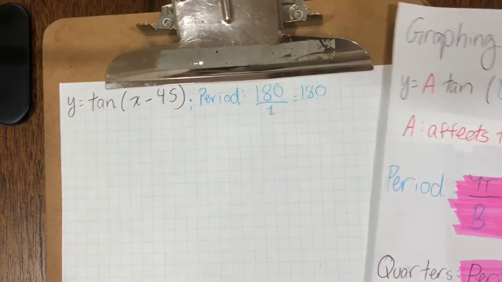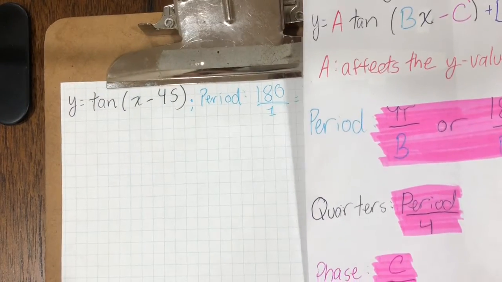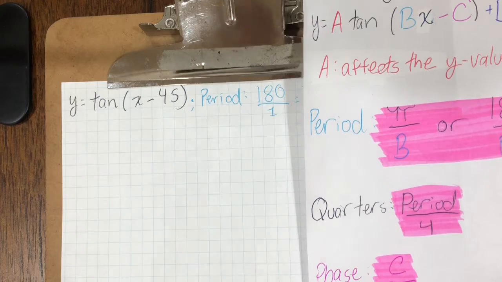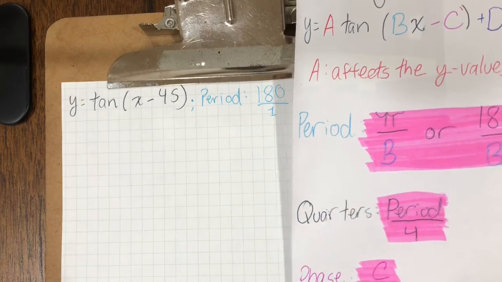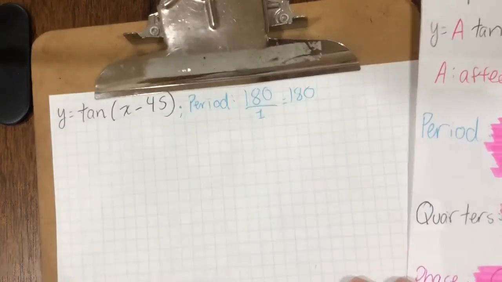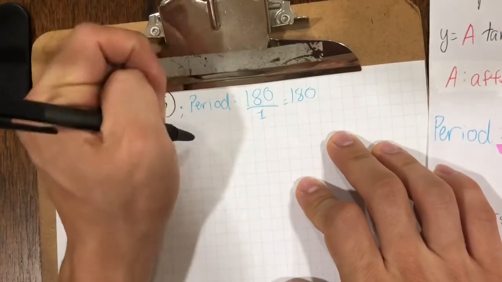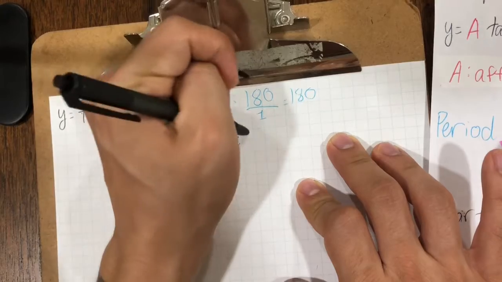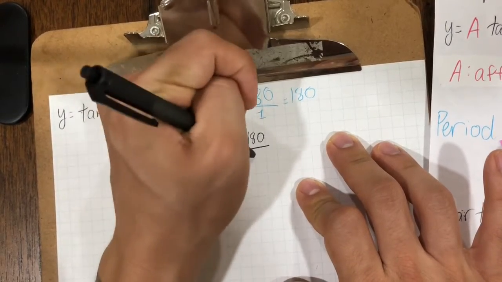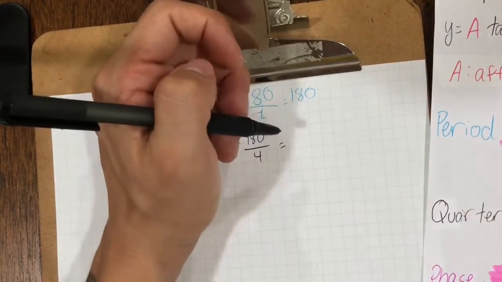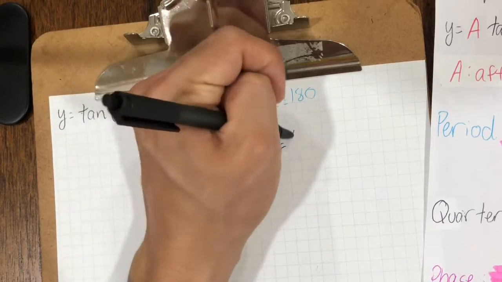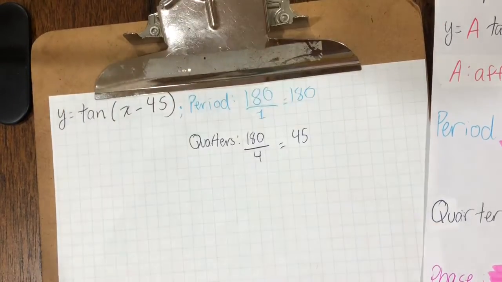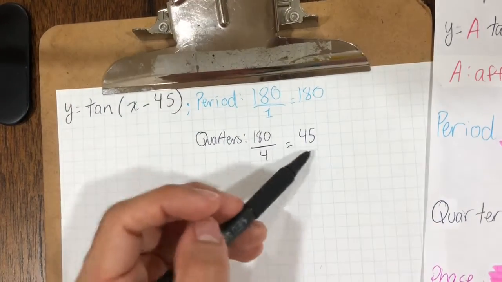Now we can figure out the quarters. With the quarters, we take whatever the period is and divide it by 4. So I have 180 divided by 4, and I end up with 45 degrees. So to go from one x value to the next, I'm going by 45.